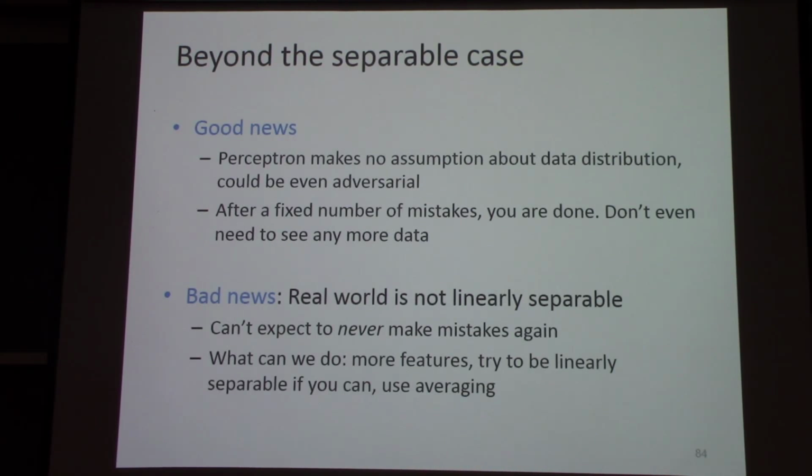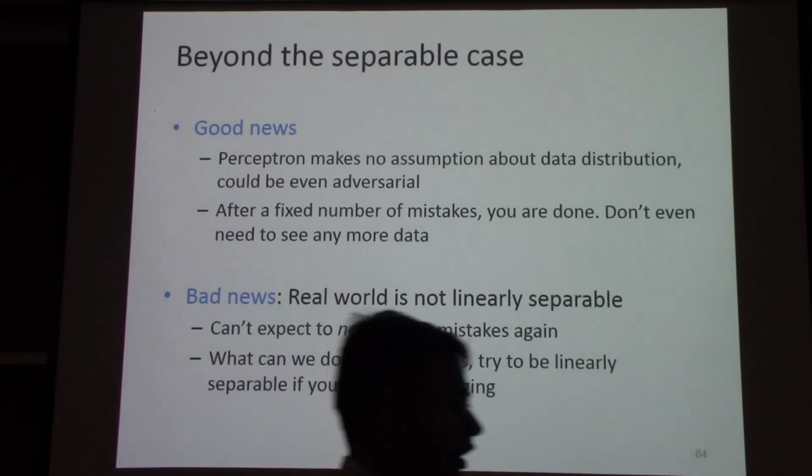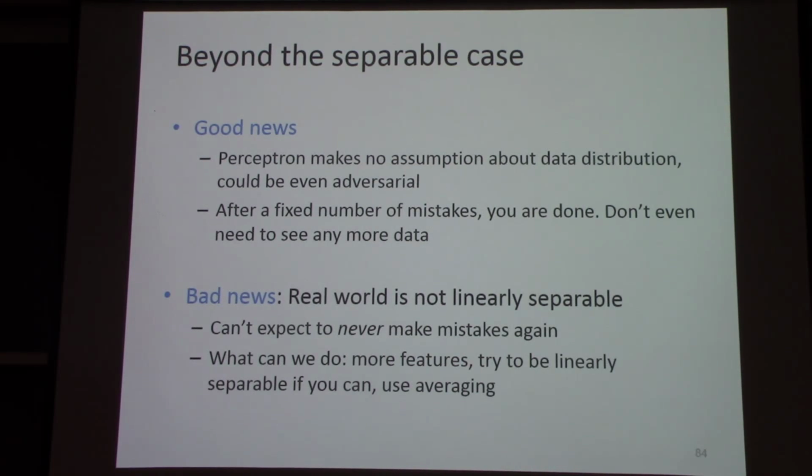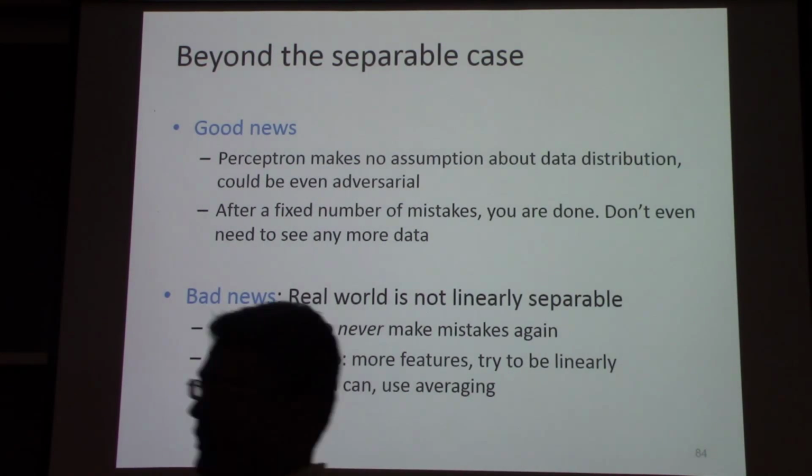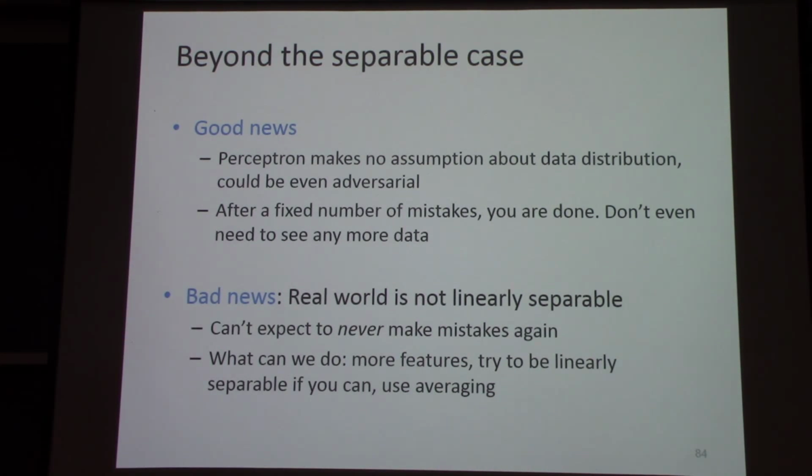So this is a good news, bad news situation. On one hand, in coming up with this mistake bound, we made no assumptions about the data, except that it's linearly separable. We made no assumptions that the examples will be presented to us in a favorable manner. It could be the worst possible sequence of examples, and still you'll make only this many mistakes.